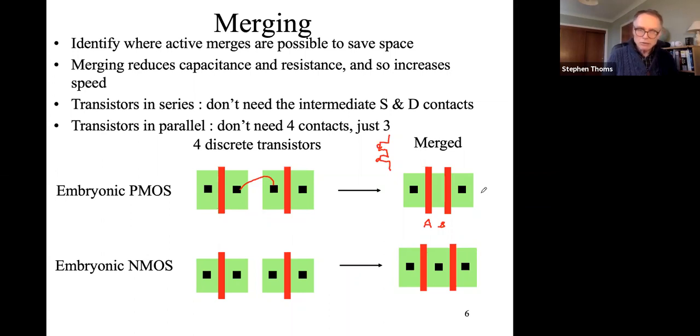Parallel is a little bit trickier, but we can still make some savings. So if we look at the NMOS, we've got two transistors in parallel here. So basically, parallel means something like this. Excuse my horrible sketching on this system. Something like that. Okay, this is our ground at VSS, and this will be the output.